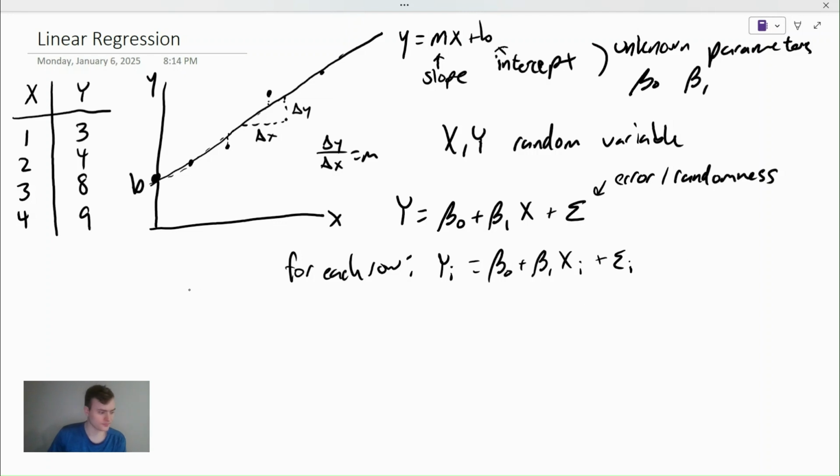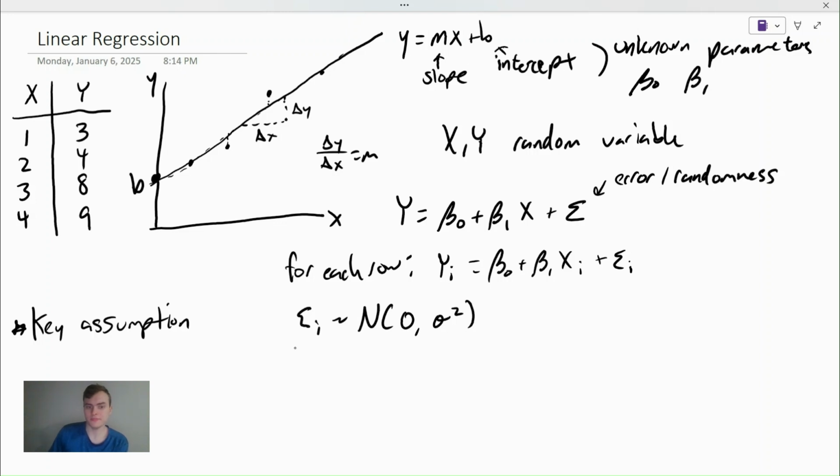And then the key assumption in linear regression is about this epsilon, the error, the random noise in the model, how far the points are from a perfect line, right? We're saying that each epsilon i is a normal distribution with 0, sigma squared.